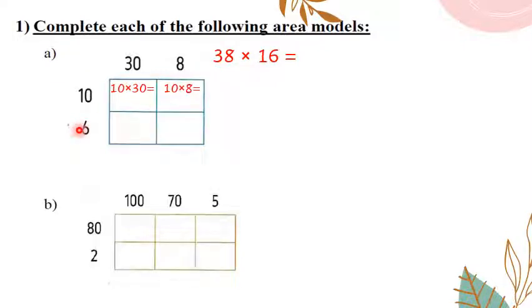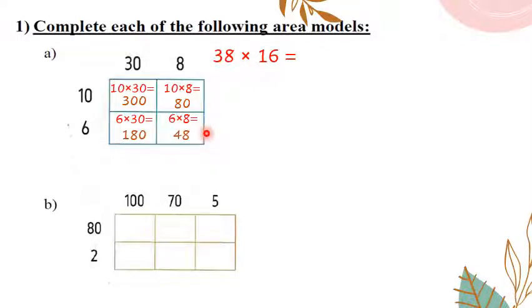After that, 6 times 30 and 6 times 8. Let's multiply. 10 times 30 equal 300 and 10 times 8 equal 80. 6 times 30 equal 180. 6 times 8 equal 48.